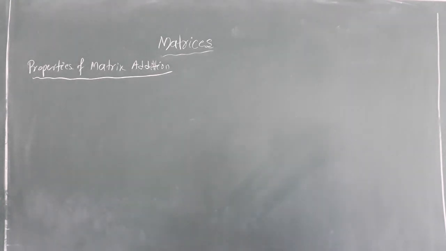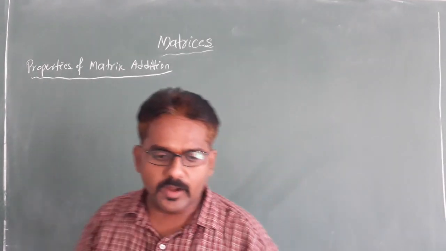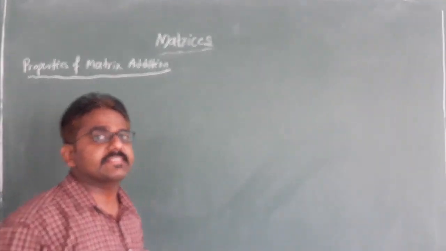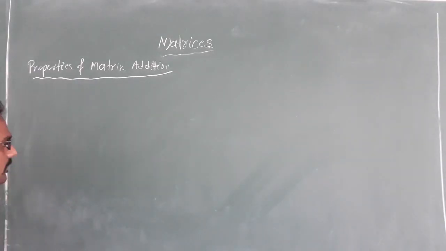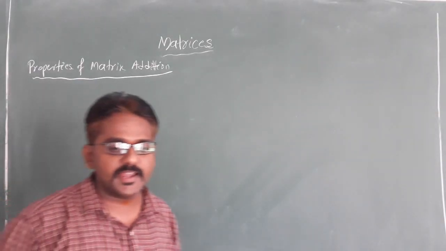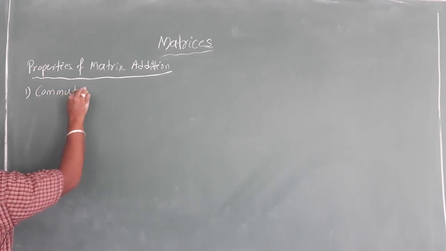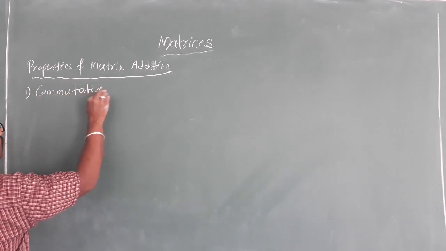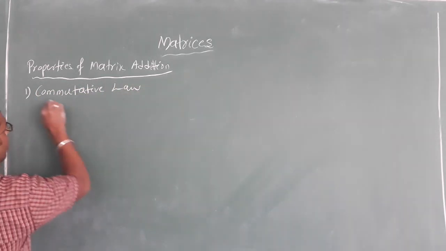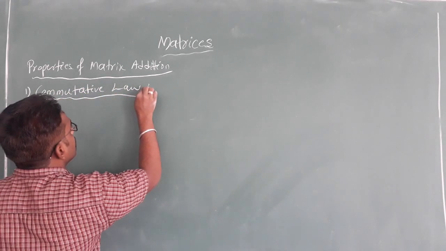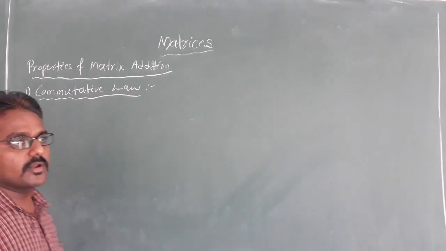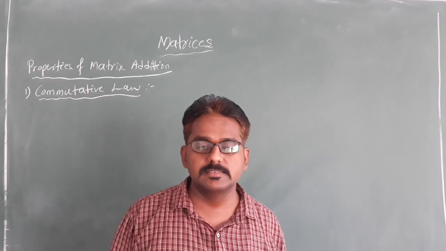Okay, students. Next concept is properties of matrix addition. What is the first property or first law? That is the commutative law. You already know about the commutative law of numbers.